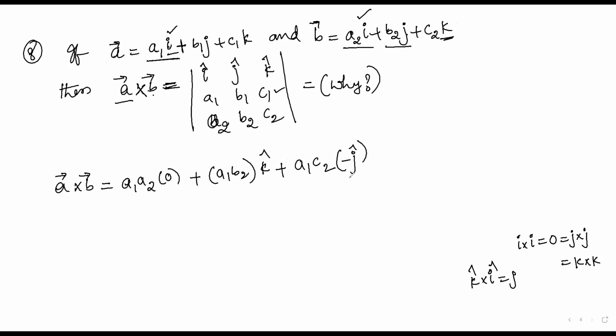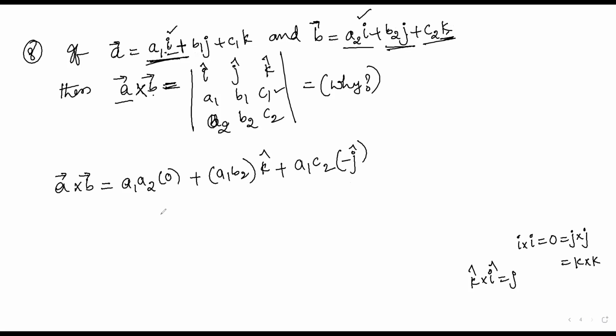Deliberately I am doing all this so that you can understand. Now I did this one. Is that okay? A1 A2, I cross I is 0. A1 B2, I cross J, K cap. Next A1 C2, I cross K is minus J. Is that okay? Yes, sir.